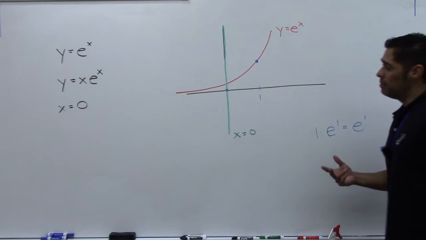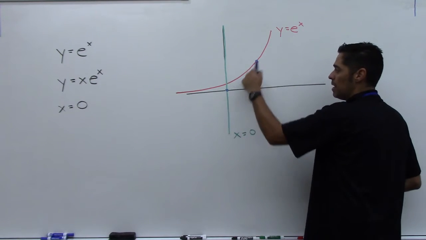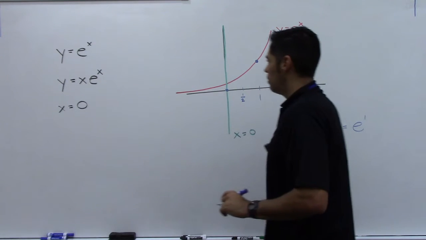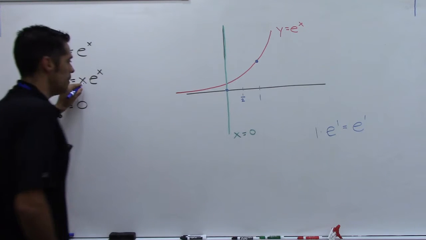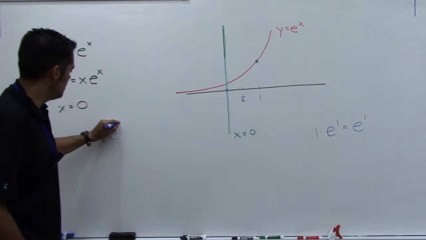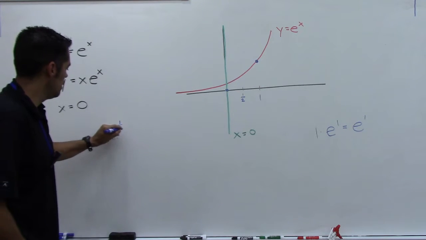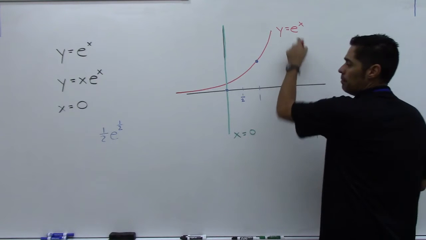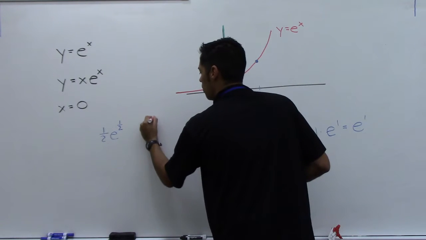Now, what's happening in between? What if you did 1/2? If I plug in 1/2 here, I get 1/2 e to the 1/2. In the red one, I would get e to the 1/2.